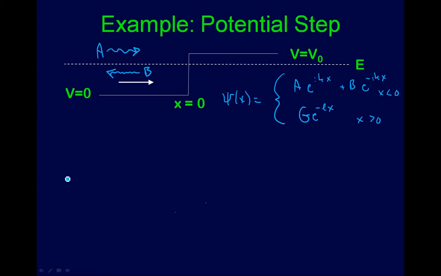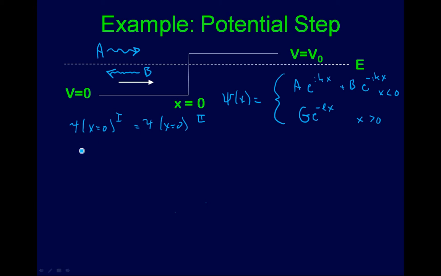So now we want to set our boundary conditions, step 4, and those are that psi and psi prime are continuous. So basically our wave function is smooth and continuous. And so I'll set something like this. I want psi at x equals 0 from region 1 to equal psi at x equals 0 from region 2.